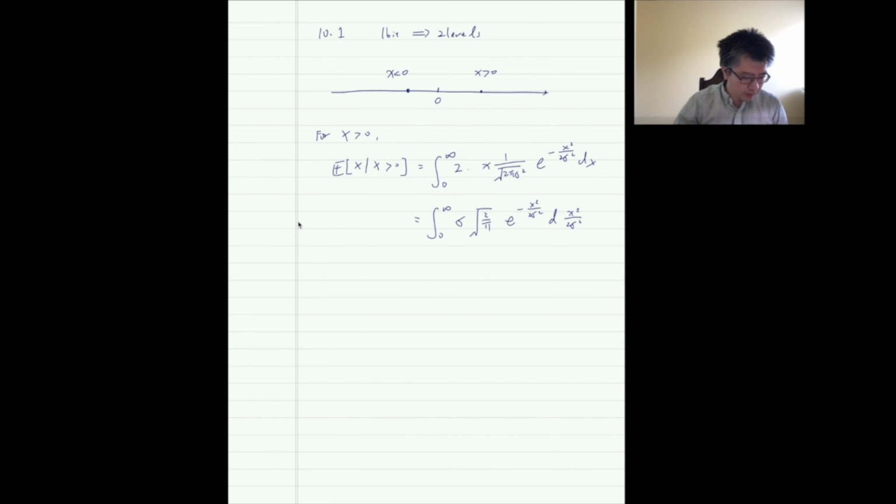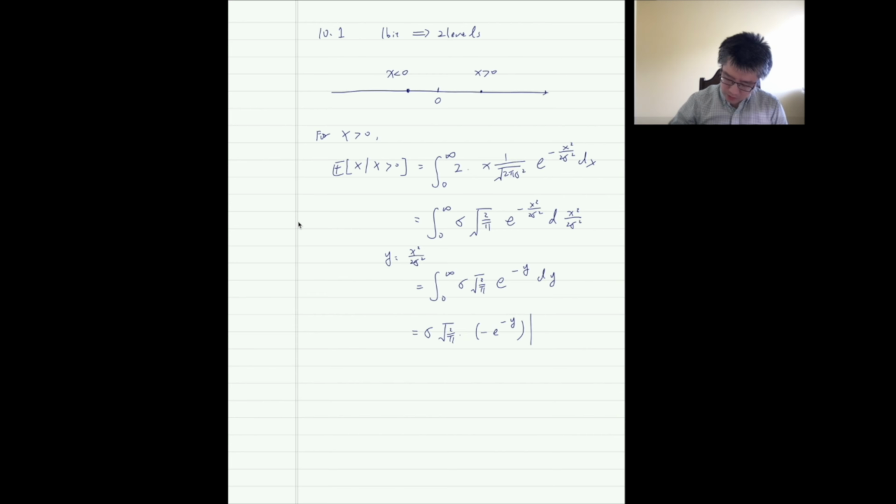Then we let y equal x squared over 2 sigma squared, and this becomes e to the negative y dy. We take the constant out, and the integral is negative e to the power of negative y, evaluated from 0 to infinity.